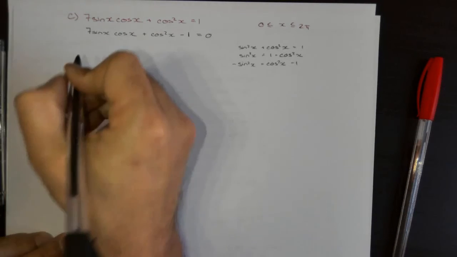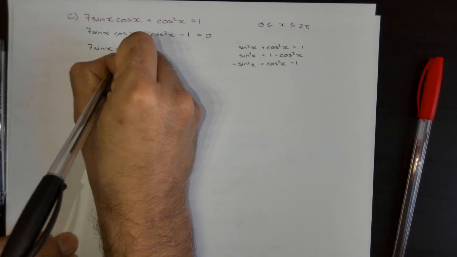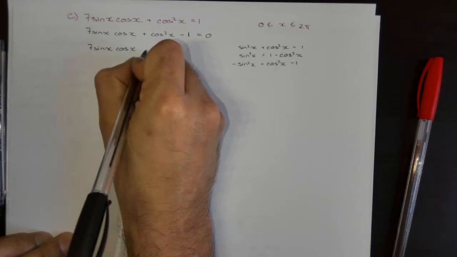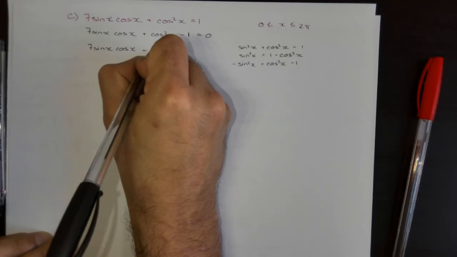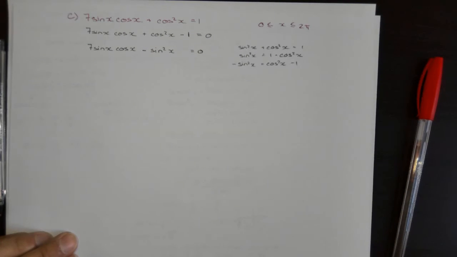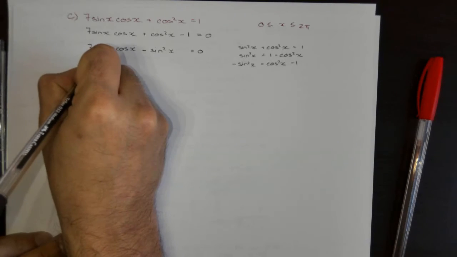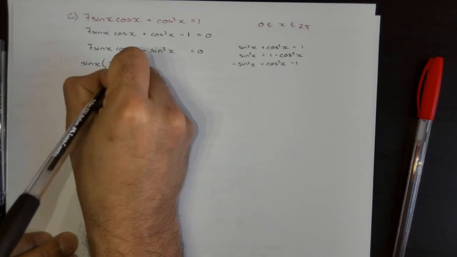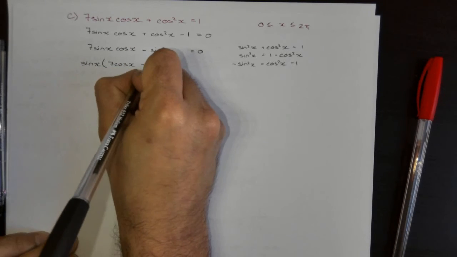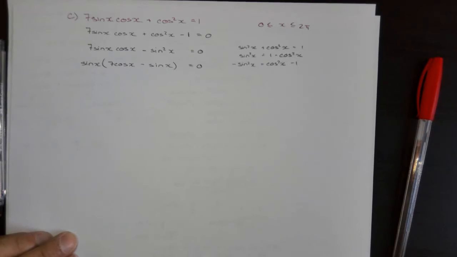So we really have 7 sine x cos x minus sine squared of x equals 0. If I take out a factor of sine, I get sine x times (7 cos x minus sine x) equals 0.